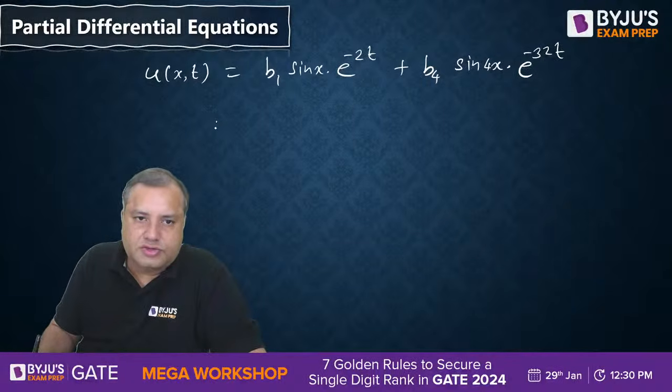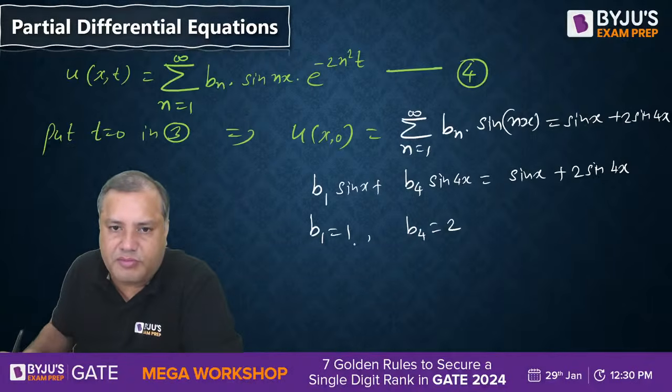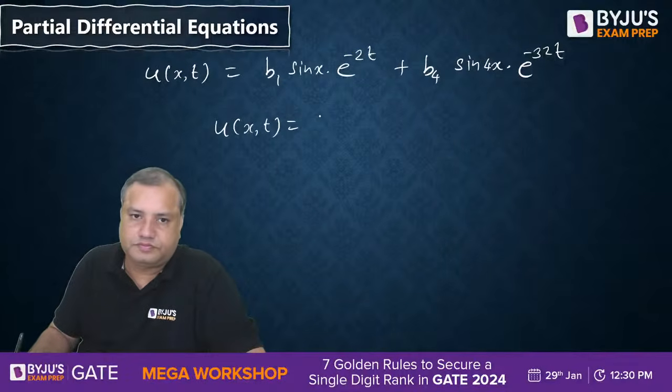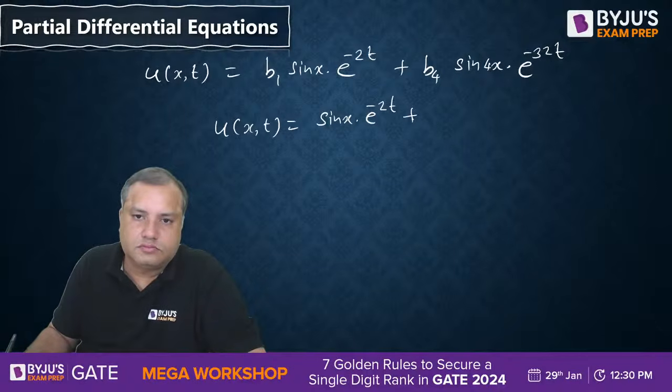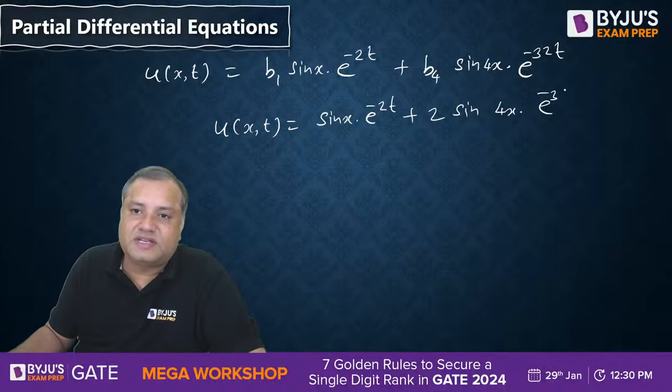Correct? So u of x comma t, what is b1 and b4? Tell me. b1 is 1, b4 is 2. So this is the general solution.